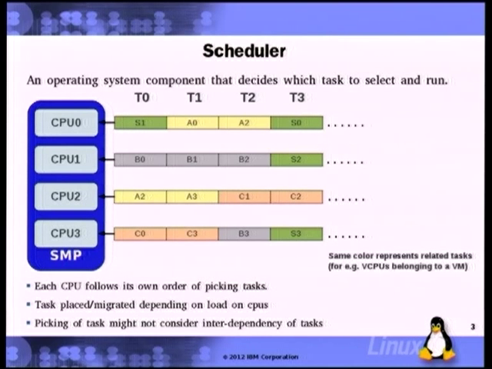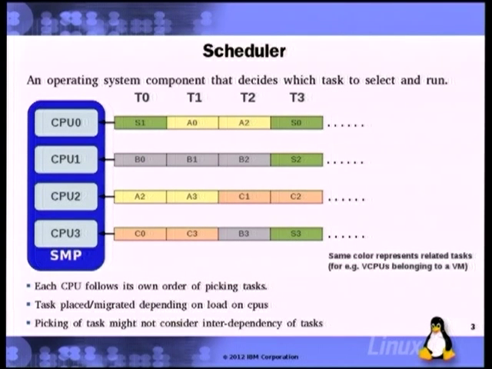Here we see different colored boxes. The color represents related tasks. They are placed on different CPUs depending on the load; the load balancer would place them on different CPUs.